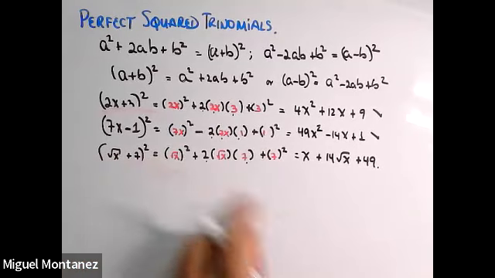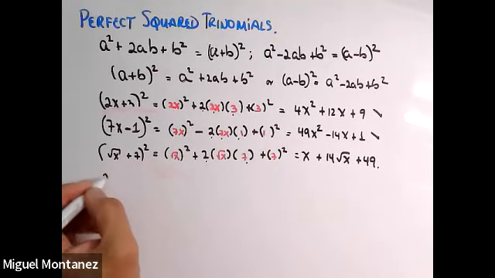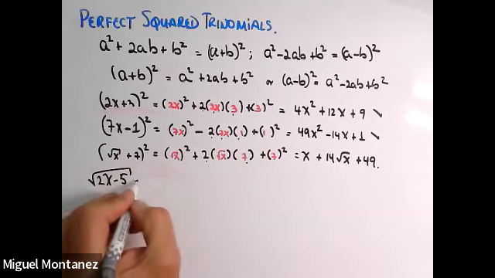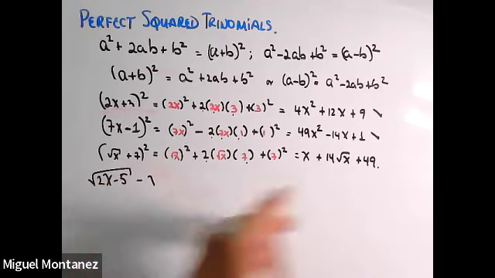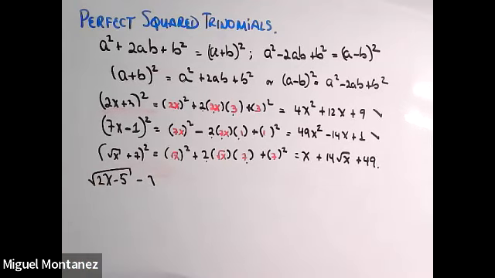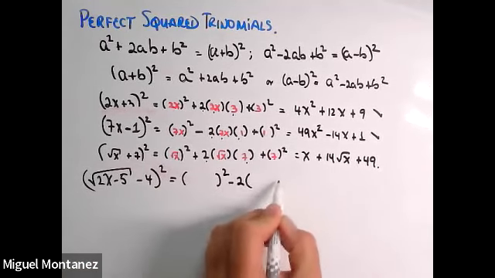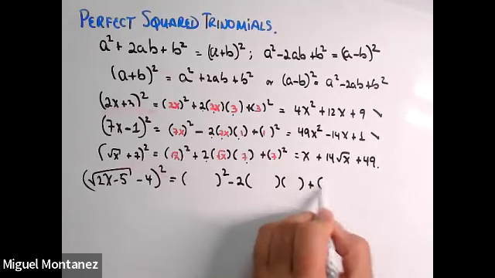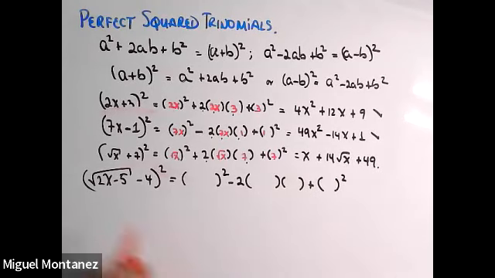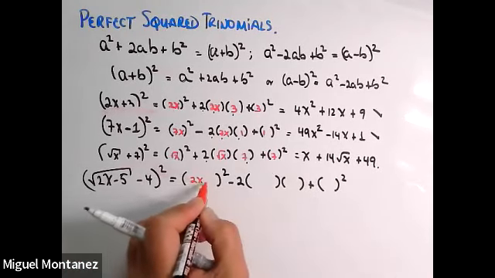Let's try another one. If I have (radical of 2x minus 5, minus 4) squared, this will be a squared minus 2ab plus b squared. We just plug in the numbers.